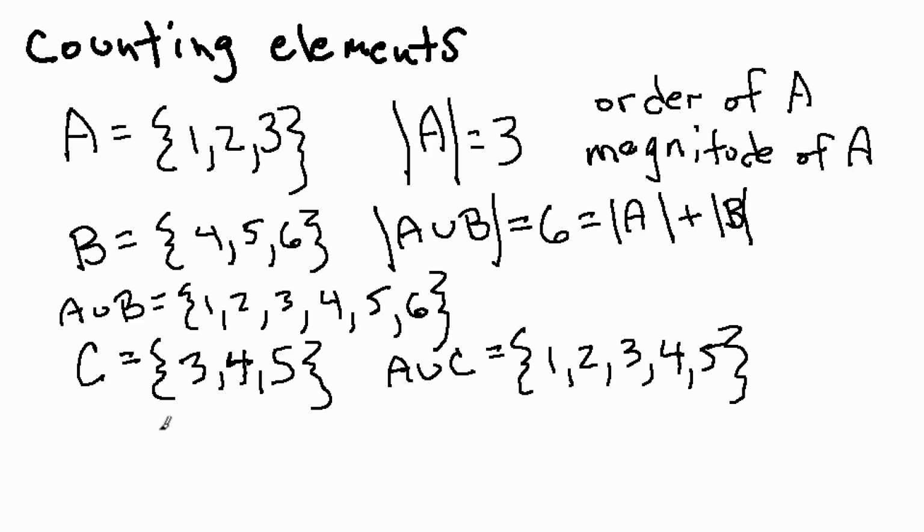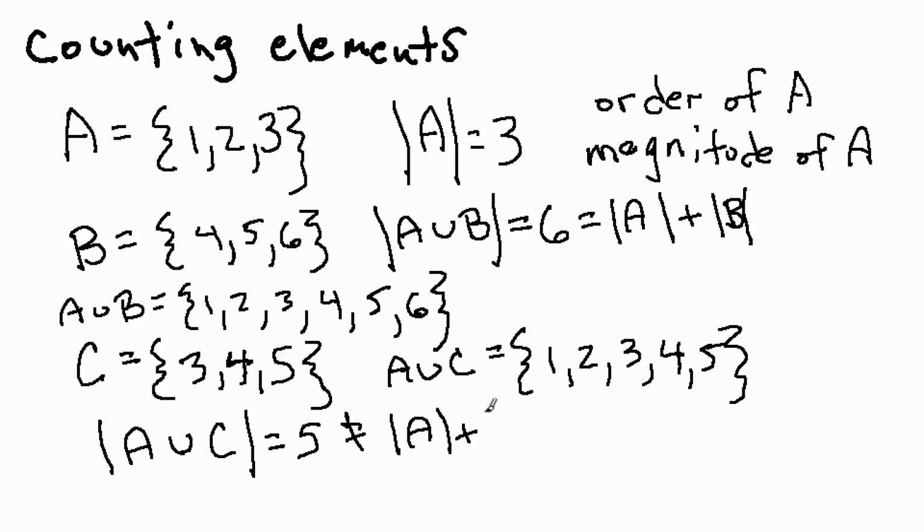But here, if I were to ask you what is the magnitude of A union C, we can see that that's equal to 5, and that's not equal to the magnitude of A plus the magnitude of C. Well, we can see that the reason why that happened is because A intersection C is not empty. They have the same element in it, 3.